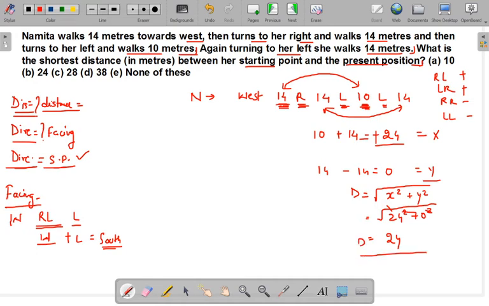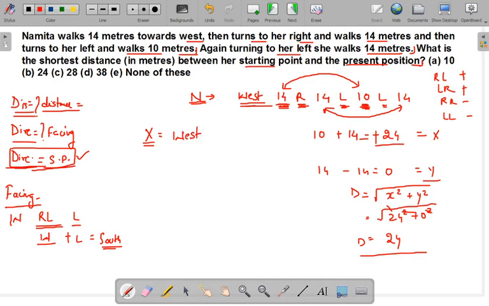Now coming to in which direction she is with respect to the starting point, the first question here. The original direction of x was west. The direction of x will be the direction in which Namita started. This will always be the direction of x.